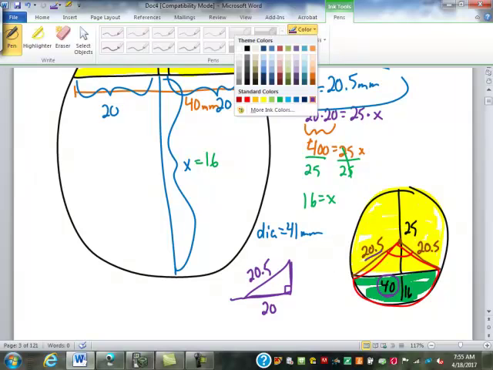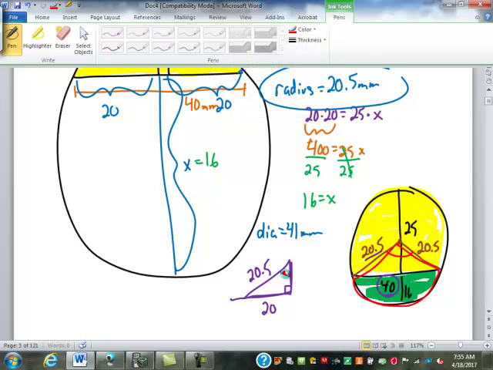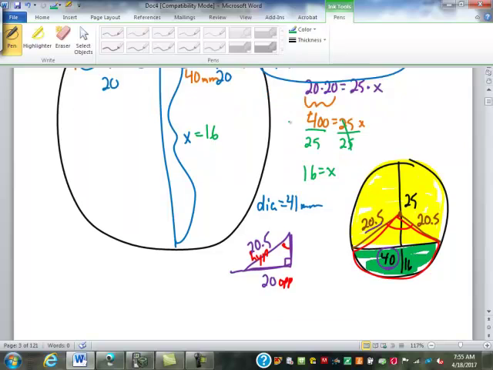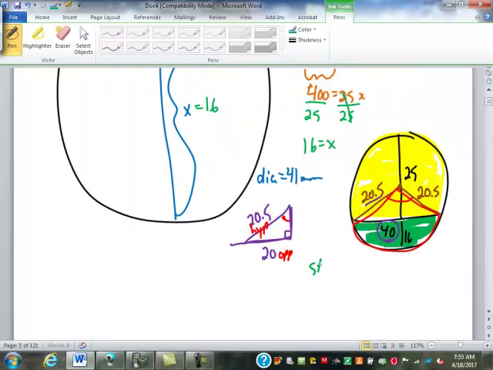So then this angle up here is what I'm looking for. This is the hypotenuse, this is the opposite side, which means I'm dealing with a sine. Opposite over hypotenuse makes the sine.